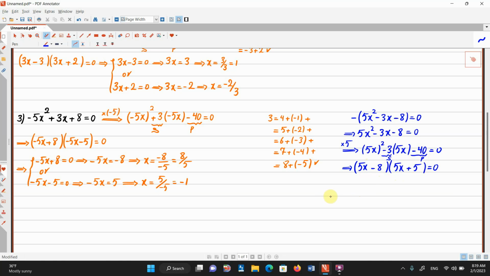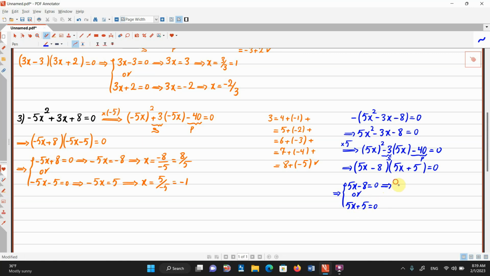Now, using zero product property, you can have once 5x minus 8 equals 0. The other time, 5x plus 5 equals 0.